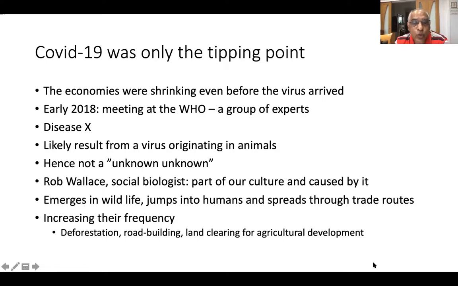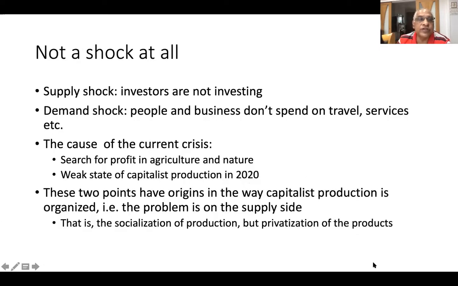It emerges in wildlife, jumps into humans, and spreads through trade routes. And thanks to deforestation, road building, land clearing for agriculture development, etc., its frequency has increased in recent decades. It is not a shock at all.